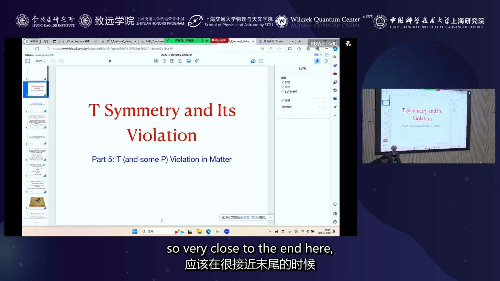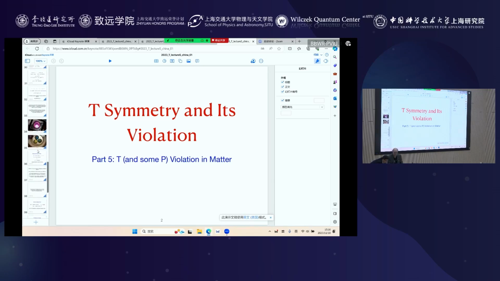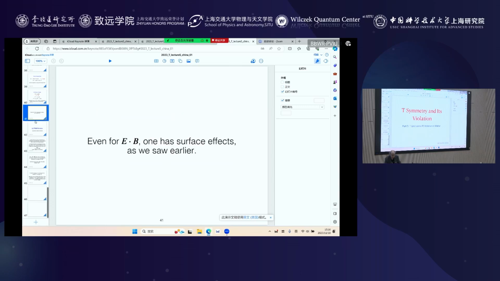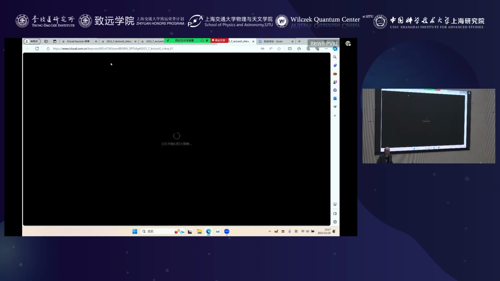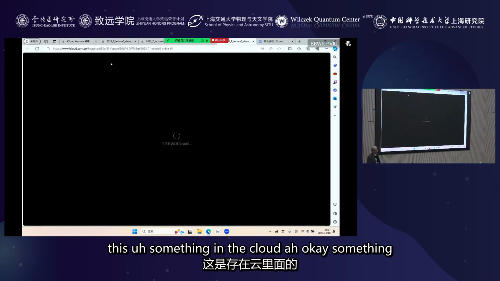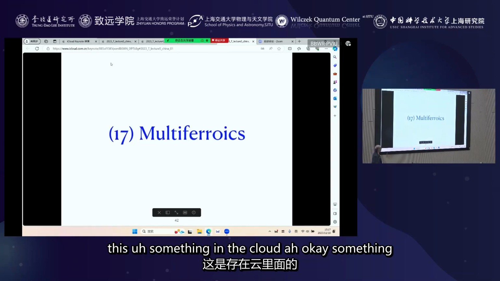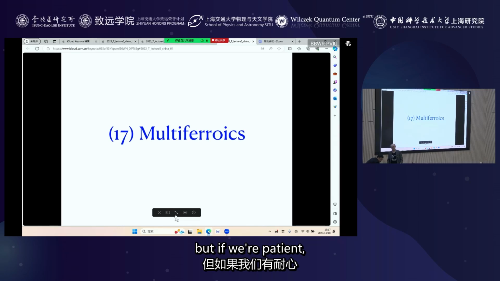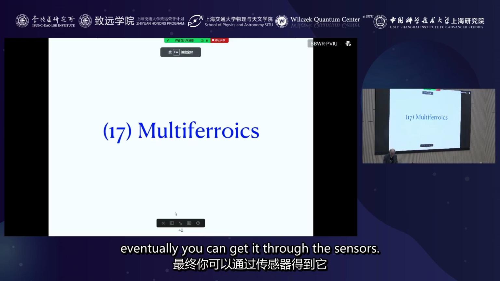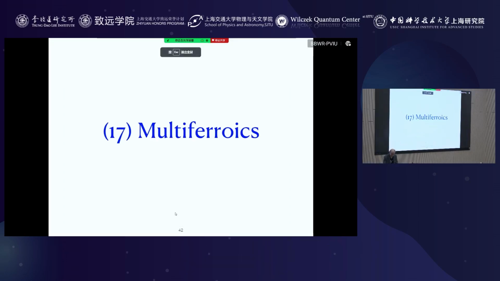Yeah, and we're very close to the end here. There's something in the cloud. Something in the cloud does not like multiferroics, but if we're patient, eventually you can get it through the sensors.